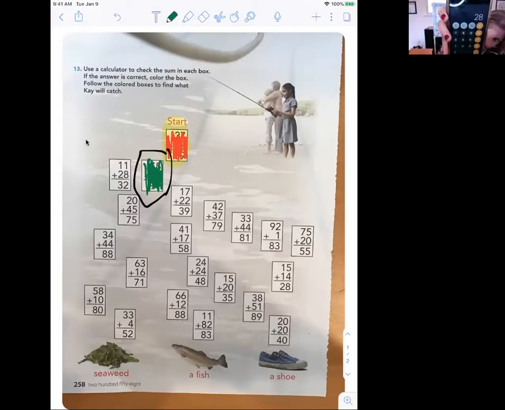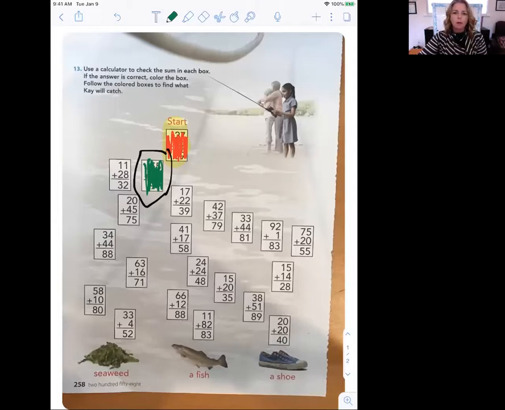Did I put in 11 plus 28? Yep. Now I got to see if that's the answer. So what do I hit? Equals 39. Ooh, 11 plus 28 equals 39, my calculator says. So is that the right answer in the worksheet? No, it is not. So I'm not going to color that one.